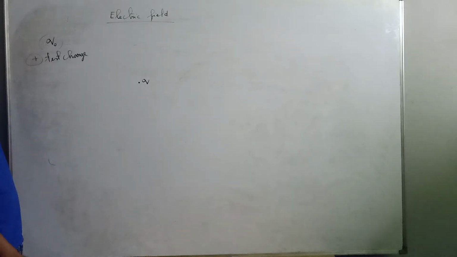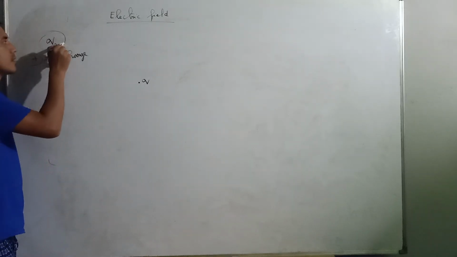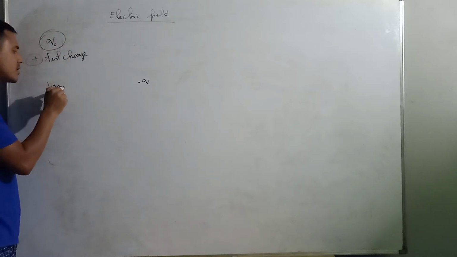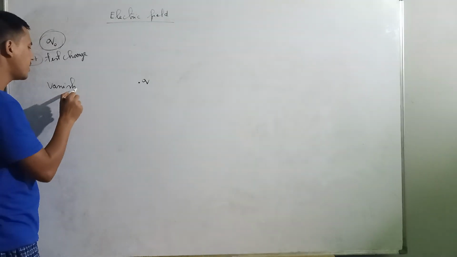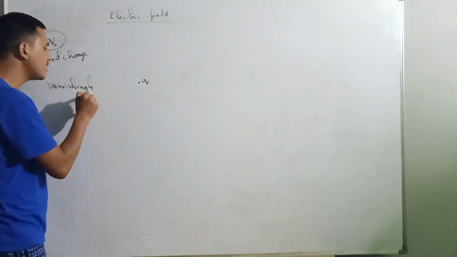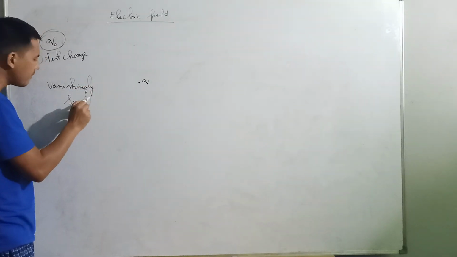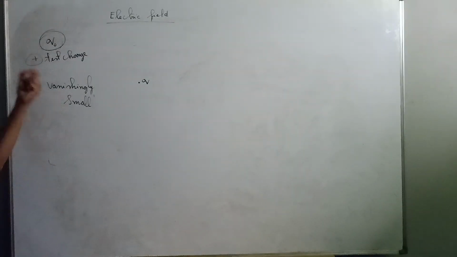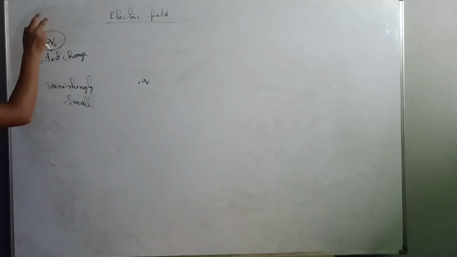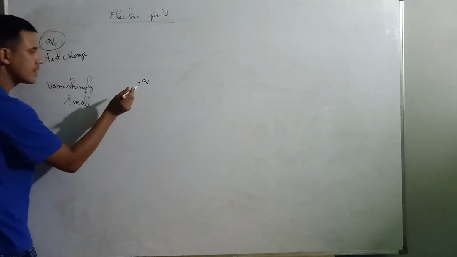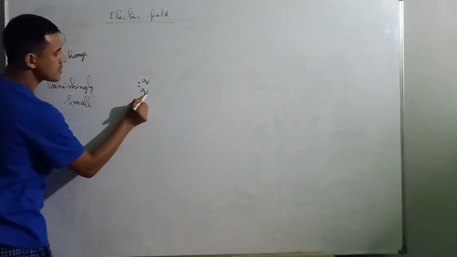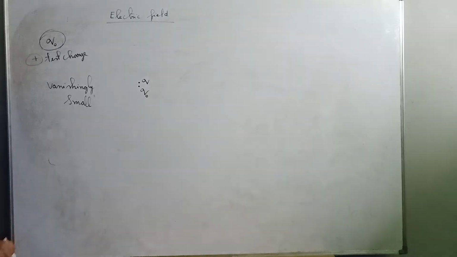Why test charge? Because the charge of this Q naught is vanishingly small. Very, very small, just like zero, just like it has no charge. Is it okay? So you take this positive test charge and place it very close to this charge Q.